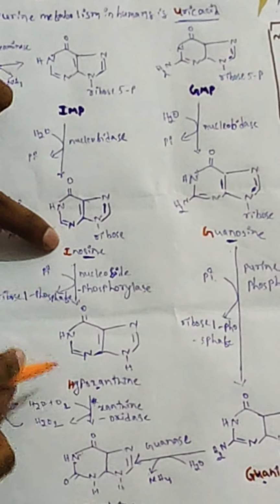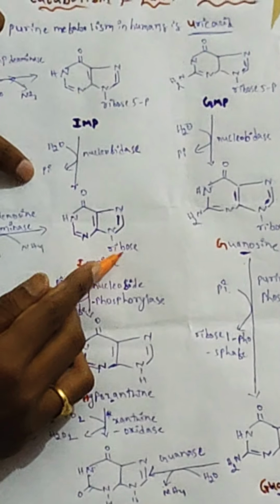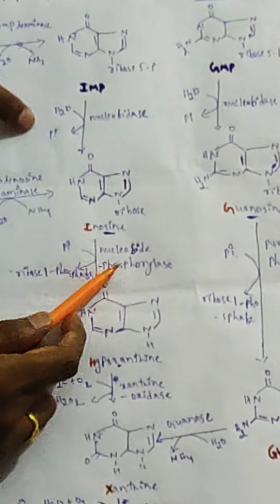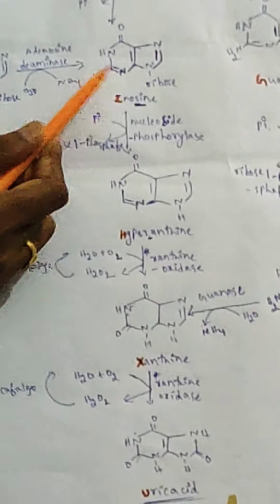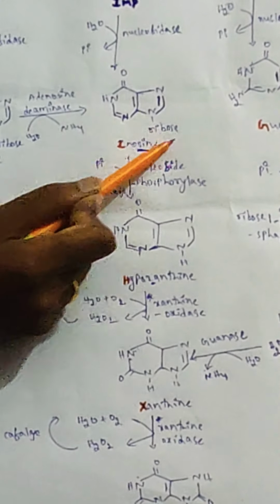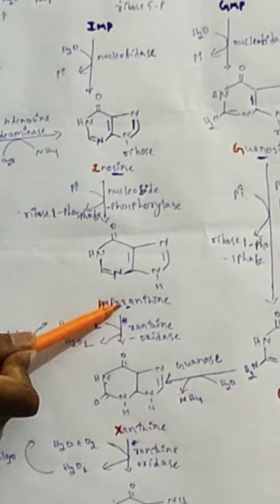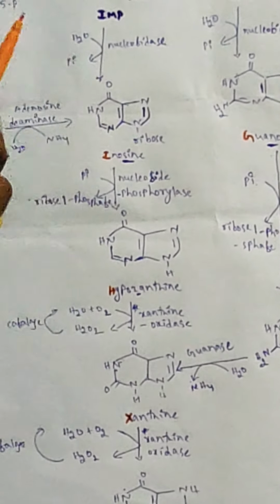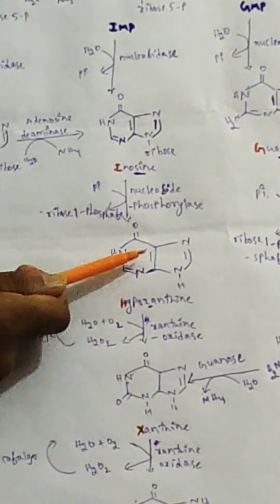You can see here in inosine, the ribose molecule is liberated. The nucleoside phosphorylase enzyme removes ribose sugar from inosine, and then hypoxanthine is formed. This is the respective nitrogenous base of inosine.